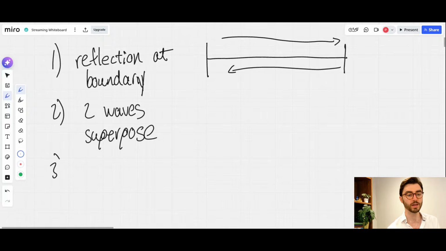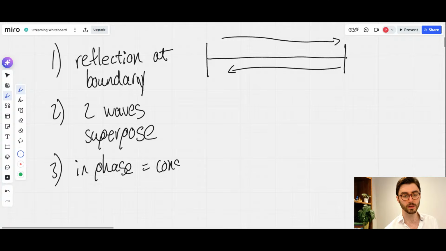And then you say three, when they arrive in phase, that is constructive interference, which causes a region of max amplitude, and it's called an antinode.